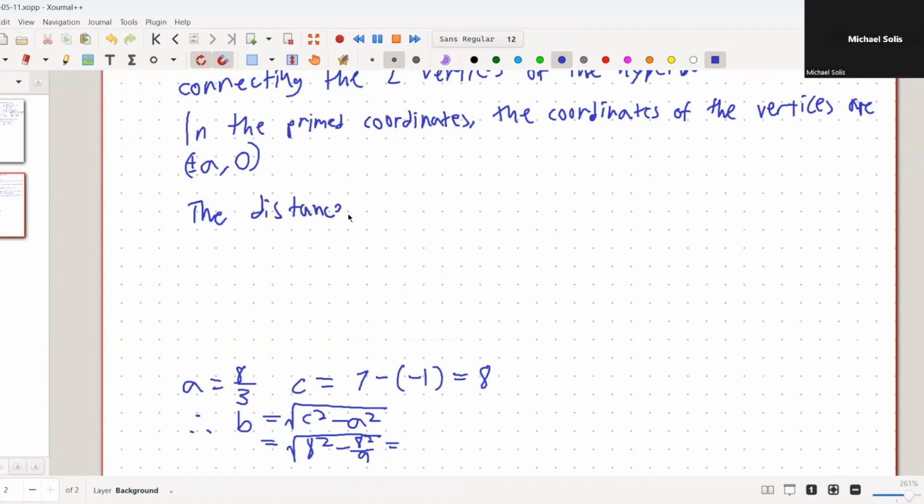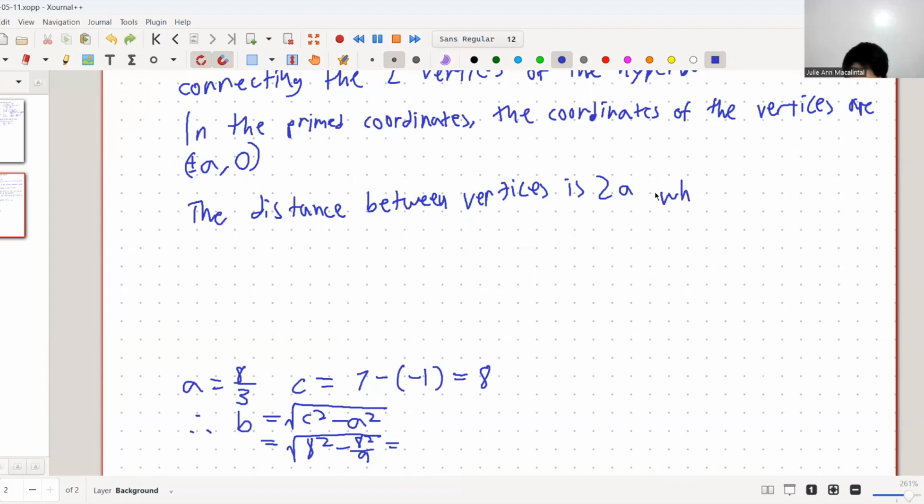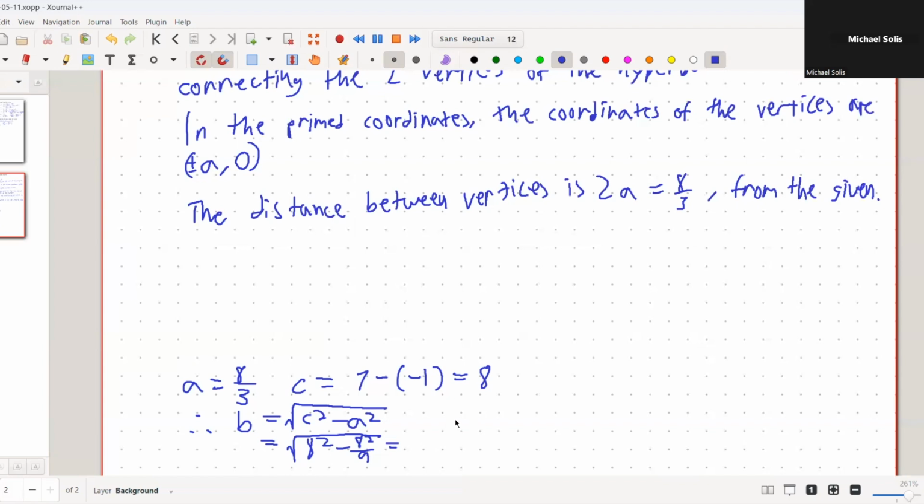So the distance between the vertices is, in terms of a, 2a, which is equal to, from the given, 8/3. Okay, so therefore a is 4/3.